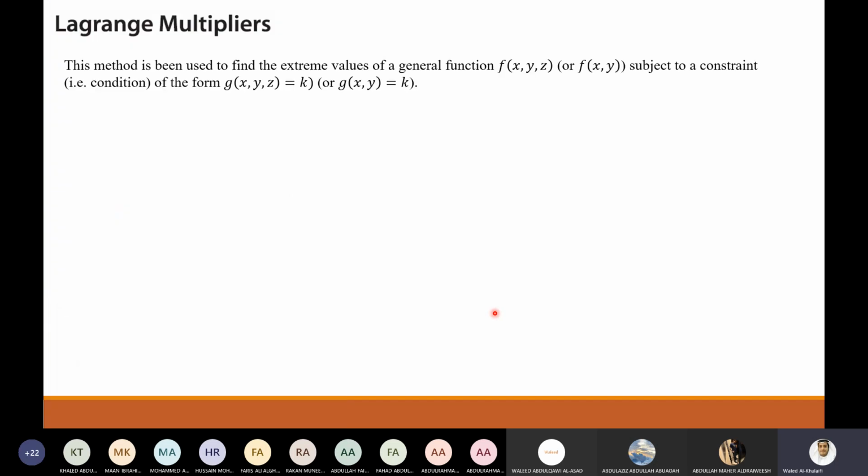The idea is this, guys: to find the extreme values, which means maximum and minimum, of a general function f(x, y, z), either 3 variables or 2 variables, but subject to a certain constraint or condition of the form g(x, y, z) = k, or for 2 variables g(x, y) = k.